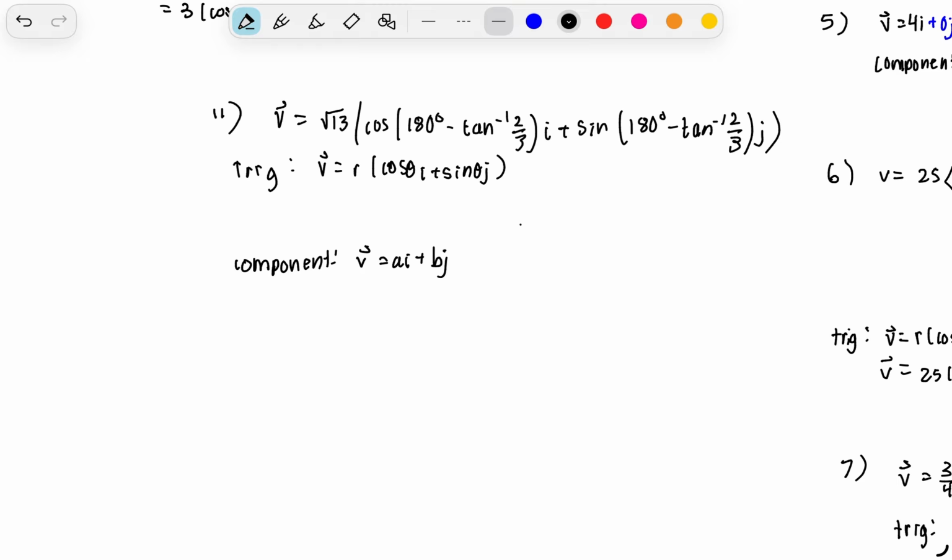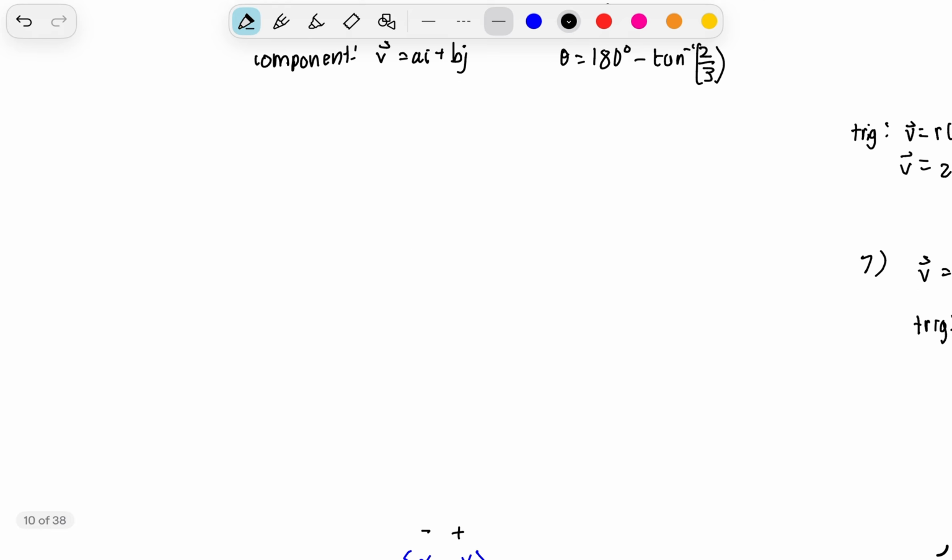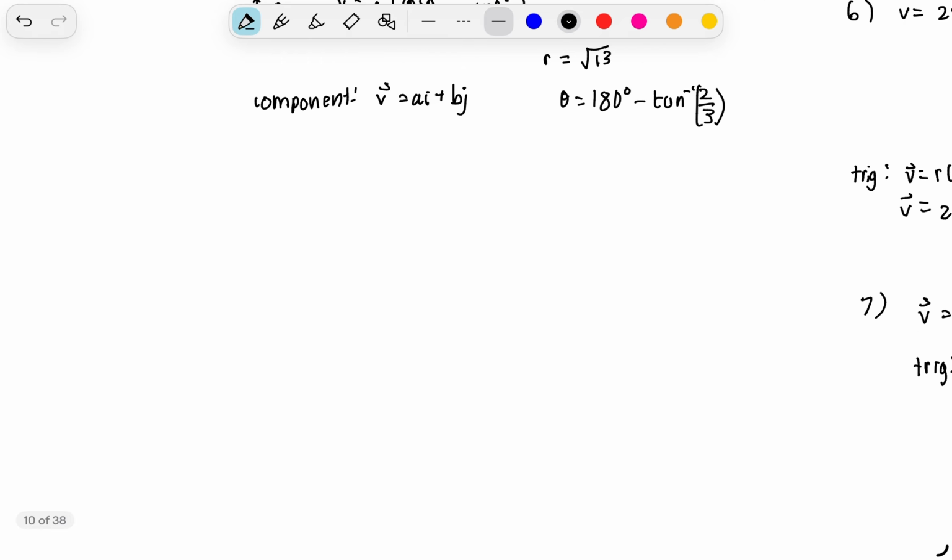So here we can see that we have a magnitude r of the root of 13. Theta is going to equal 180 degrees minus inverse tan of 2 over 3. So we need to understand what this angle means. Let's let alpha equal tan negative 1 of 2 over 3 right here.